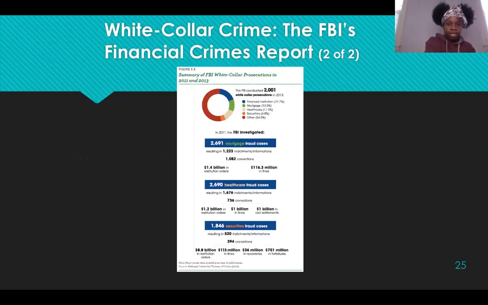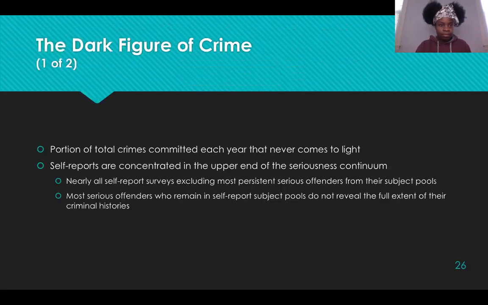Here again, this is from the FBI's financial crimes report, and it's just a summary of the FBI's white collar prosecutions in 2011 and 2013. You can pause right now to read this. Again, we have pie charts and different data that is listed.